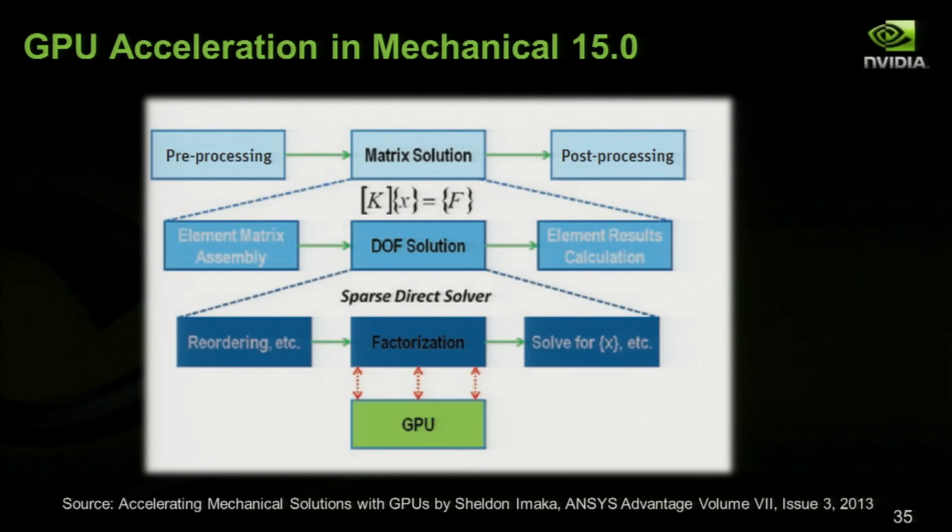Here, we send the matrix factorization to GPUs because in some problems it takes a lot of time just to do the matrix factorization. And this task is highly parallelizable, it suits GPUs better, and it's also easy to implement for ISVs.